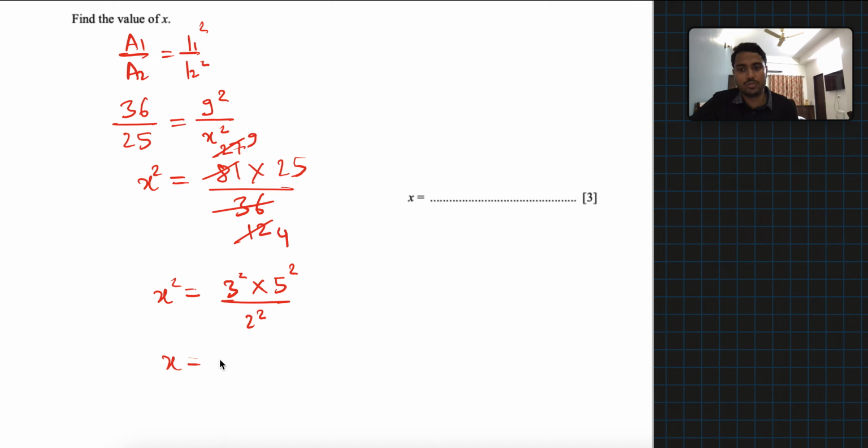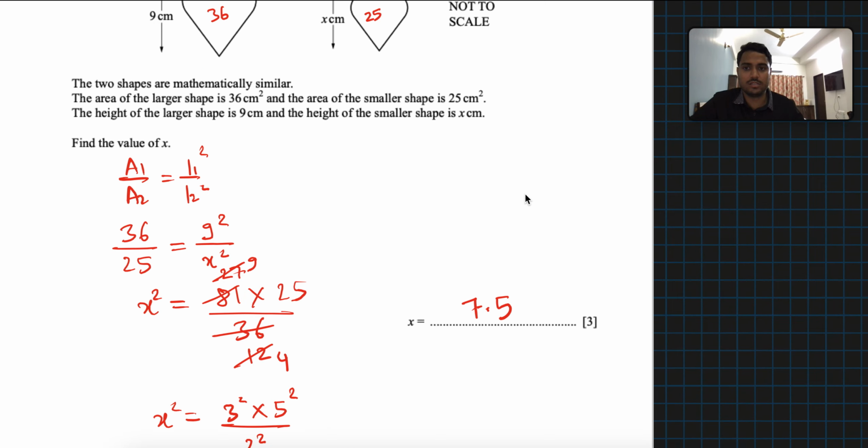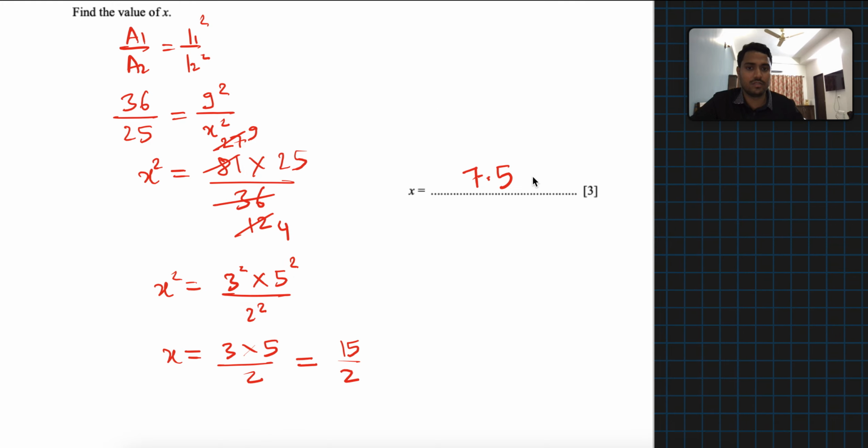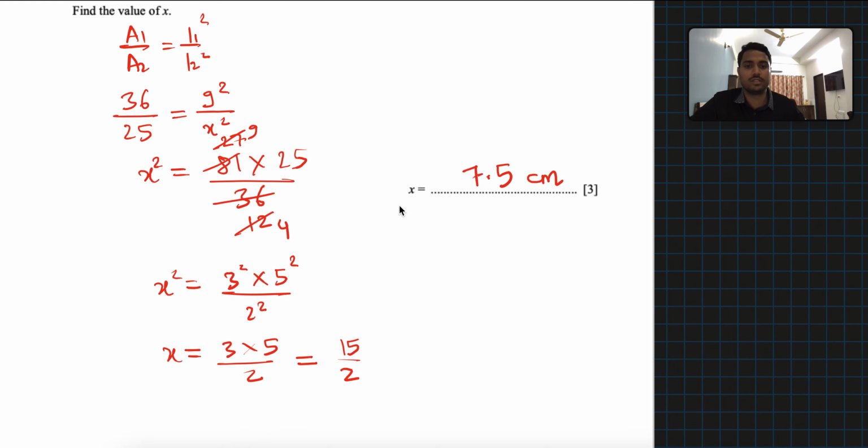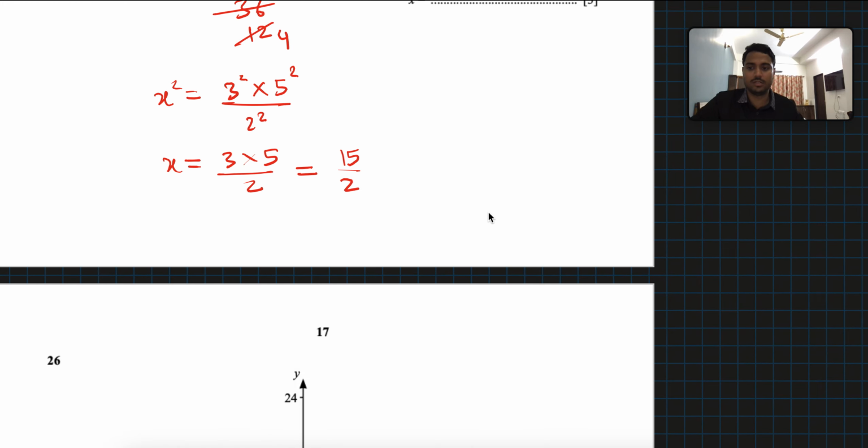So x is going to be 3 multiplied by 5 over 2. So 5 3s are 15 over 2, that is 7.5. And I think this is in centimeter, so yes, 7.5 centimeter. We have to find the value of x. 7.5 centimeter is the answer.